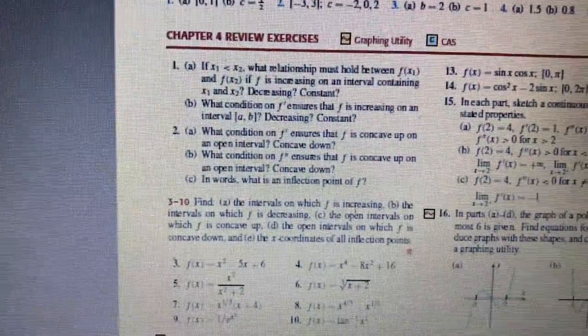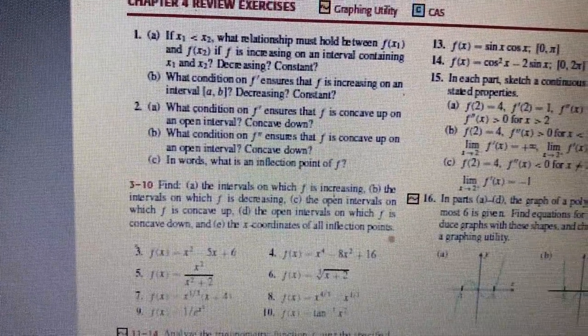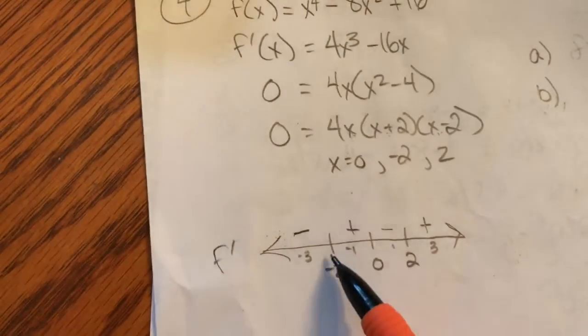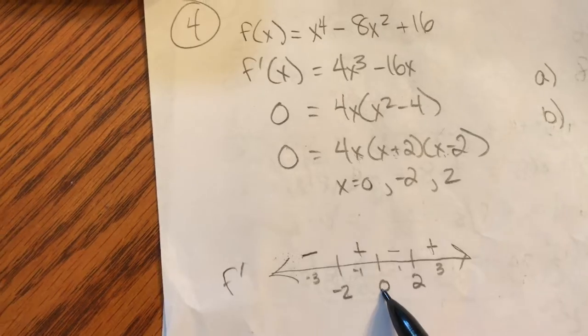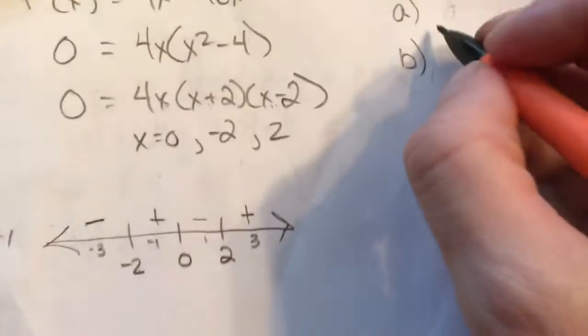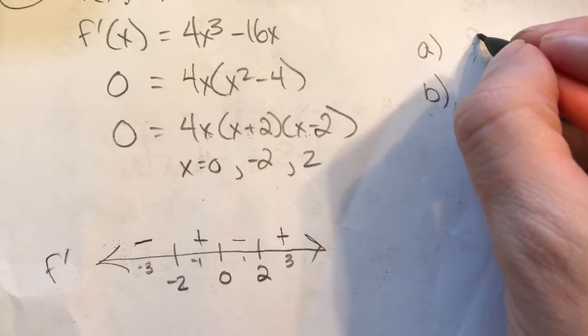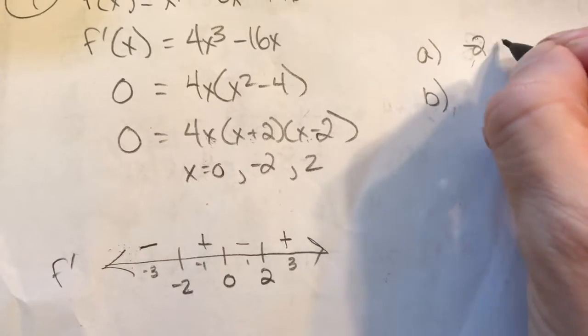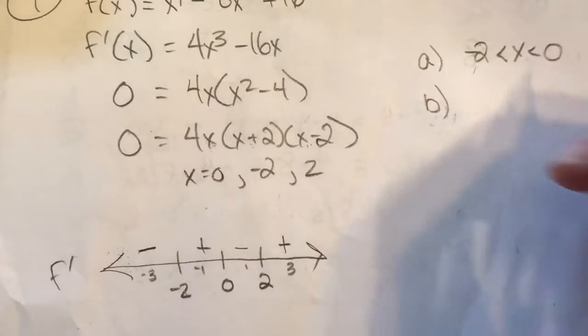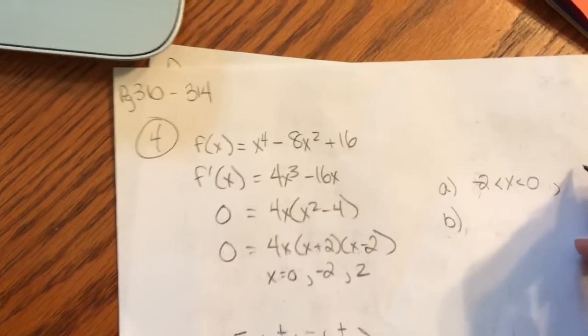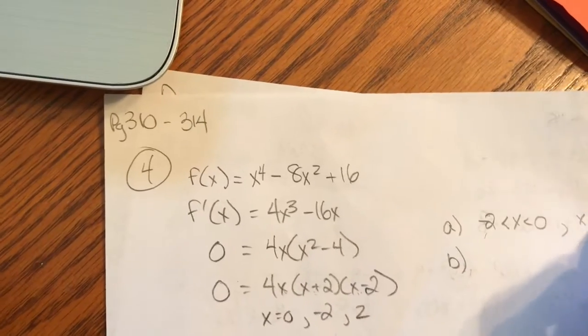So combining A and B. I know A is asking for increasing, and B is asking for decreasing. It's increasing between negative 2 and 0, and also when it's greater than 2.